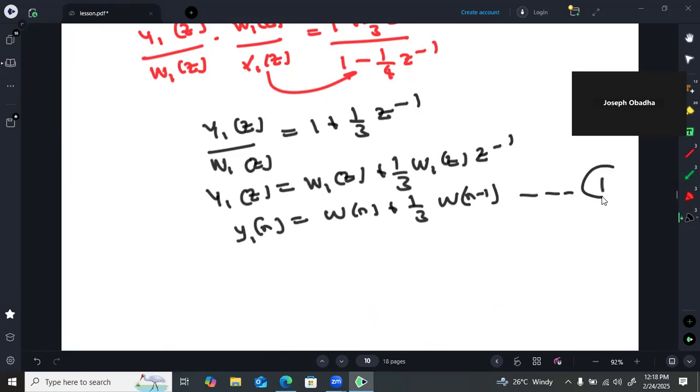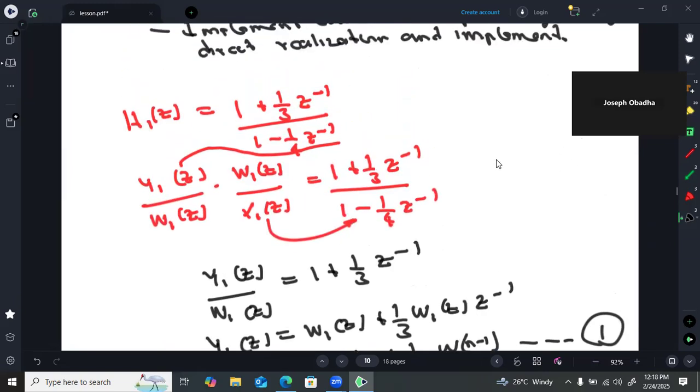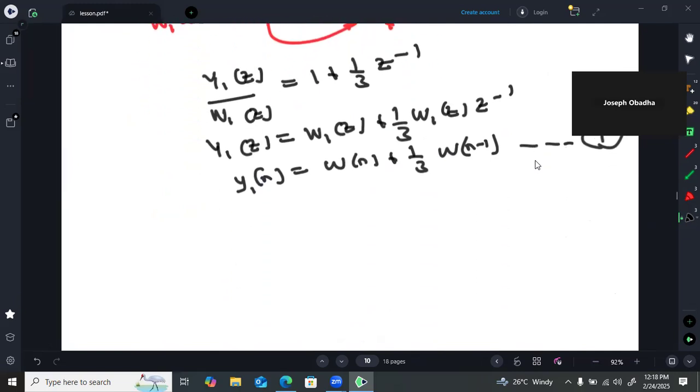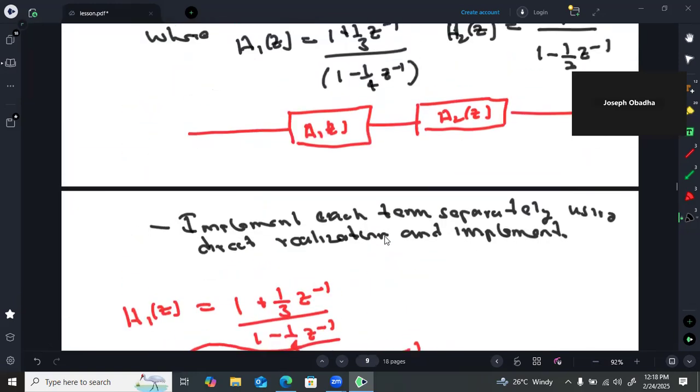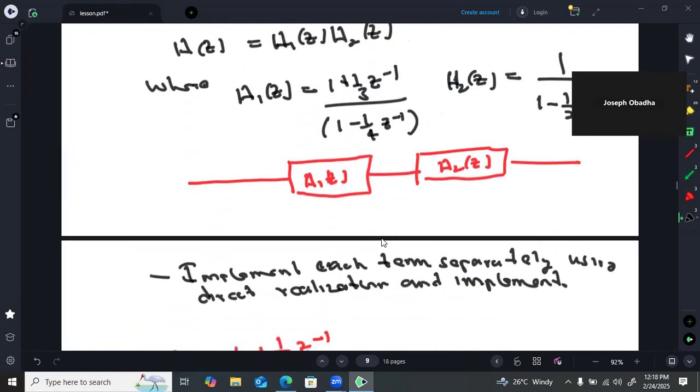Let me call this one 1. The other one that we have is simply the remaining one, W1(z) over X(z).